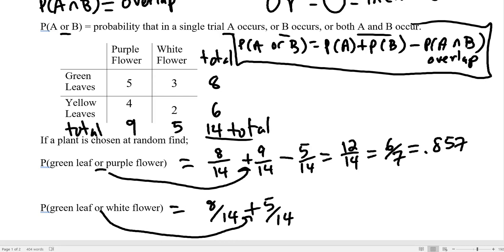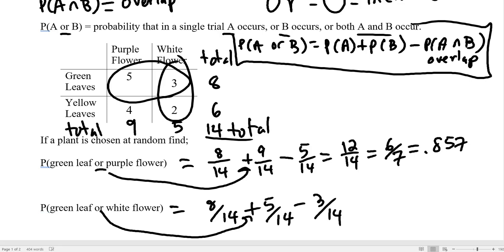But when I added this 8 and I added this 5, that overlap got counted twice. What group got counted twice? The green and white flowers. Since we counted it twice, we subtract it away once. So we don't end up with 13 out of 14. We end up with 10 out of 14, 5/7, 0.7 something.